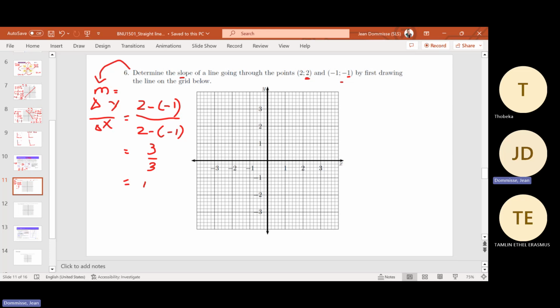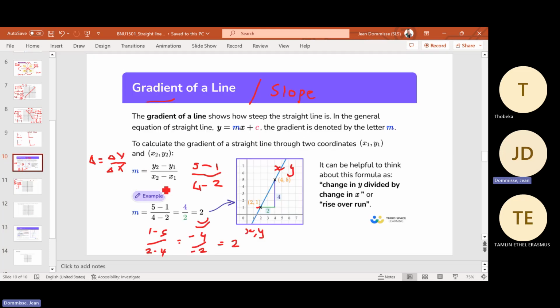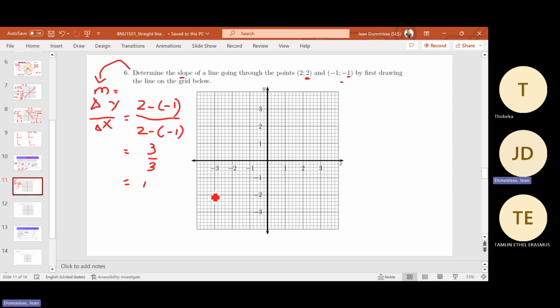So very important is that formula of how to calculate the slope. Again, I will share this slide pack later tonight with a recording, so you will then have all these notes as well that I have written with the slide pack.